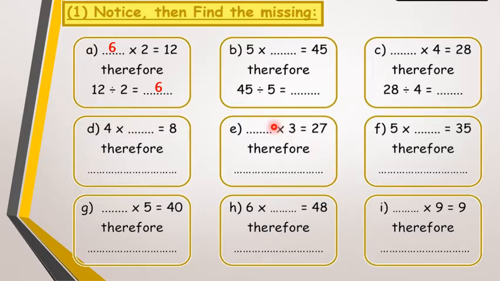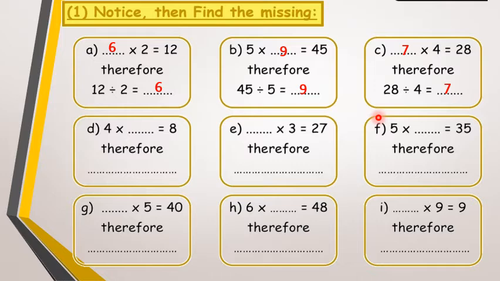Now I know that 5 by 9 will give you 45. Therefore, 45 divided by 5 will be 9. Here I have 4 by 28. 4 by what gives you 28? I will search in table 4 for what gives me 28. So it's 7. Now I know that 28 divided by 4 will be 7.